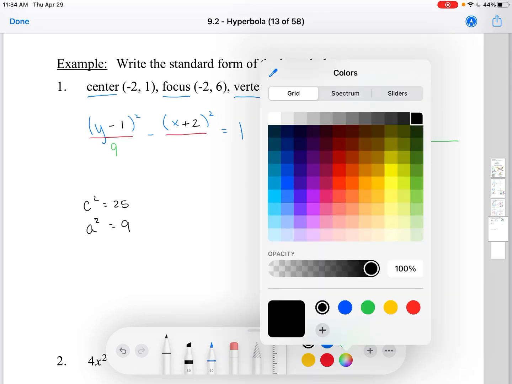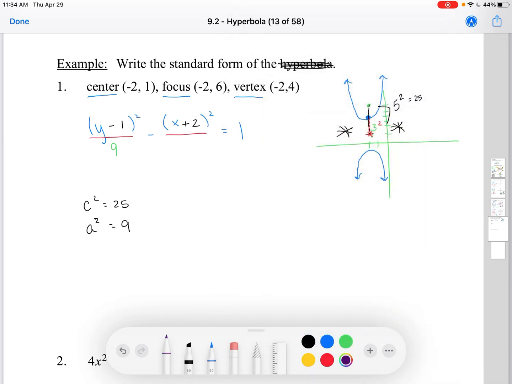equals 9. So if I go and I use my function for the focus of a hyperbola, c squared equals a squared plus b squared. If I plug in the things I just found, 25 and 9, and I solve for my b squared, I will get a 16.